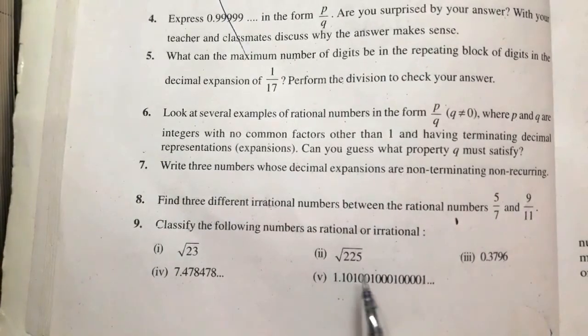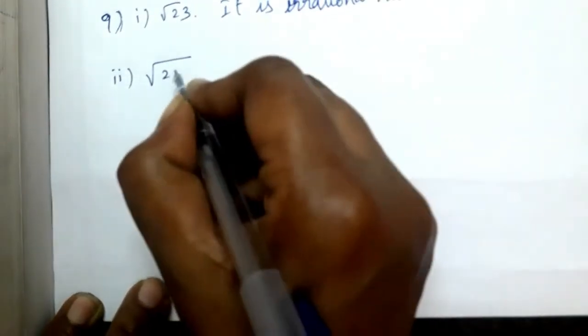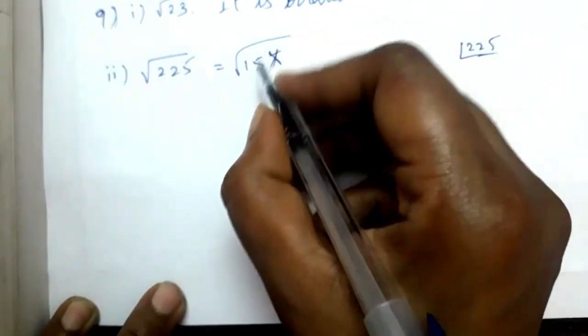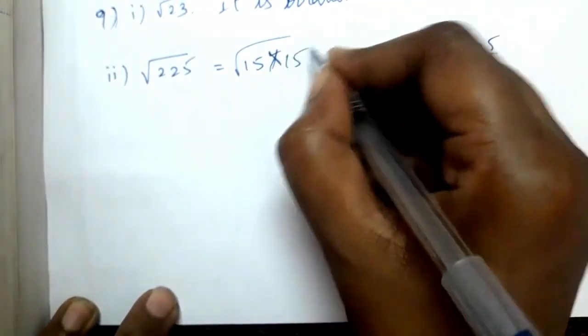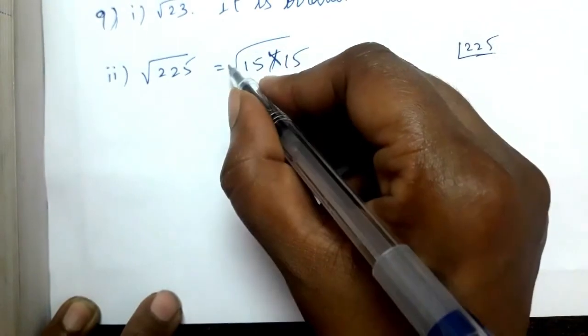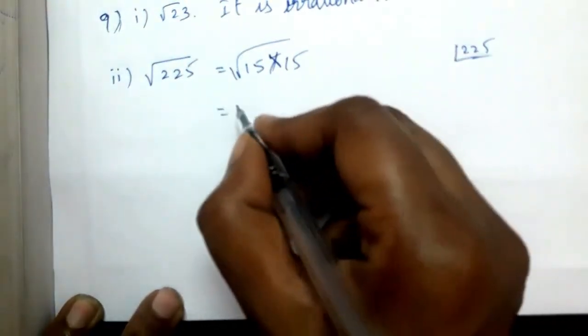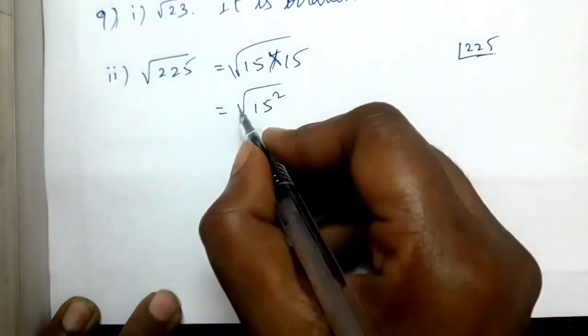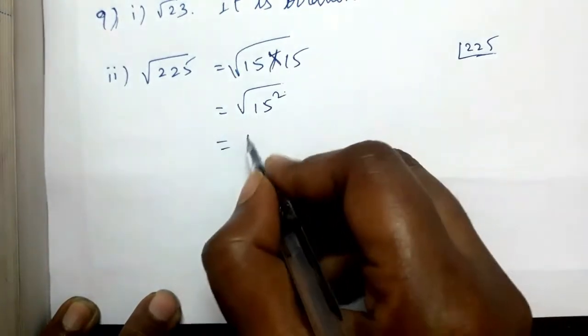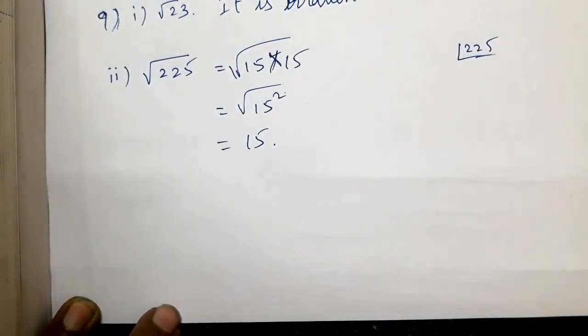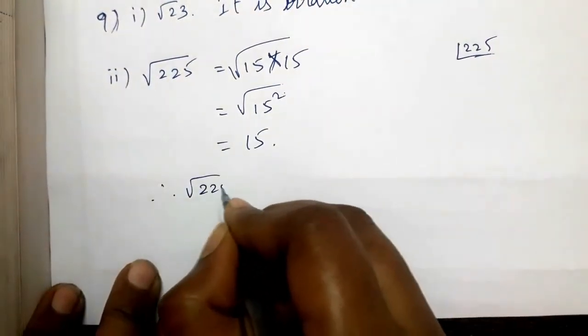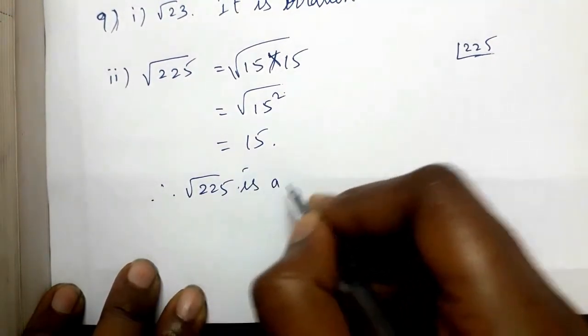Second one, square root of 225. Already we know, so we can write 15 into 15, 225. Square root of 15 into 15 means 15 the whole square. Now the square root and square cancel, so we get the answer 15. Therefore square root of 225 is a rational number.